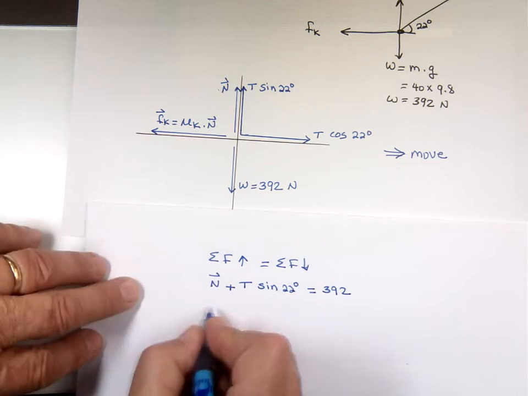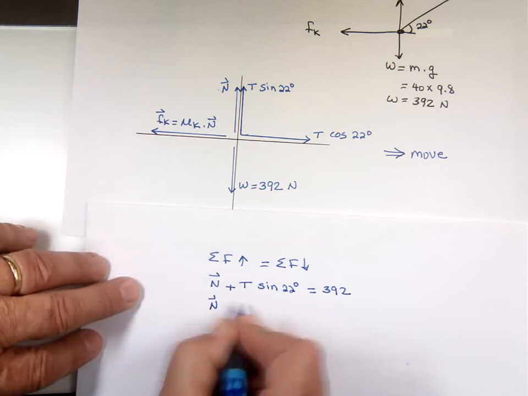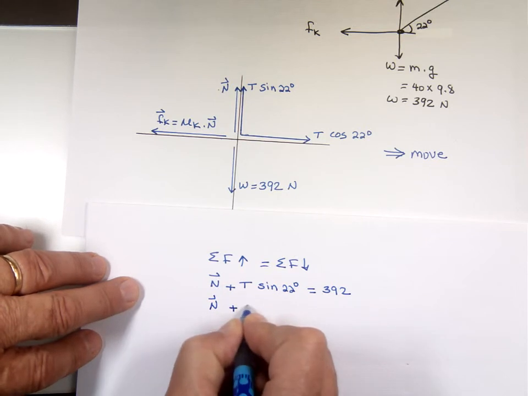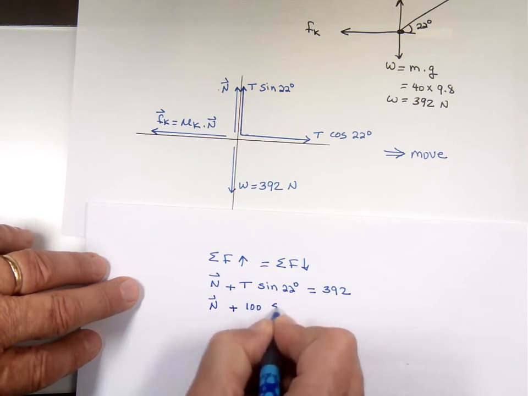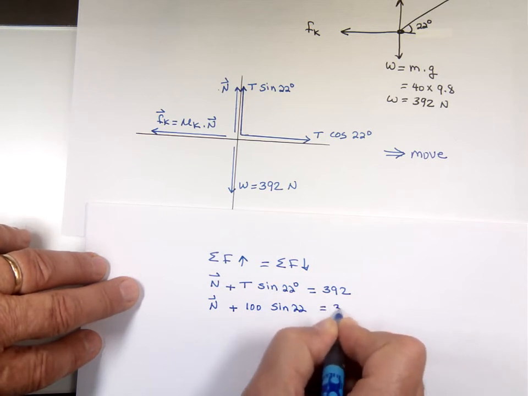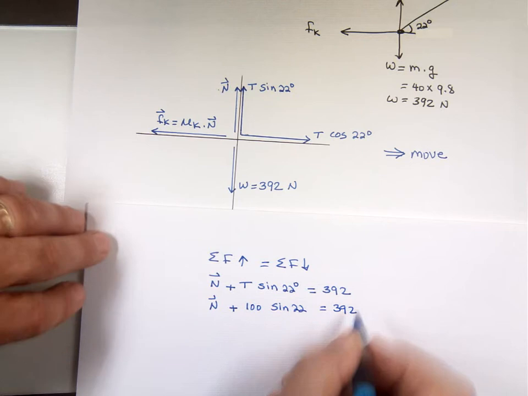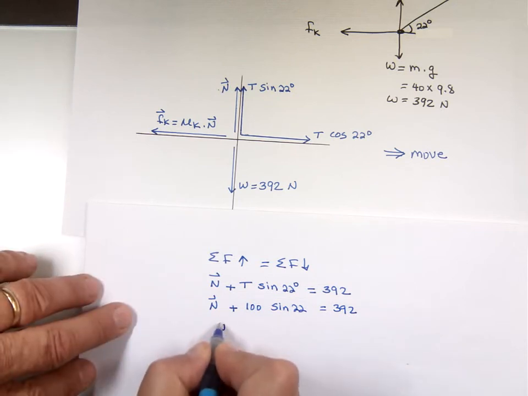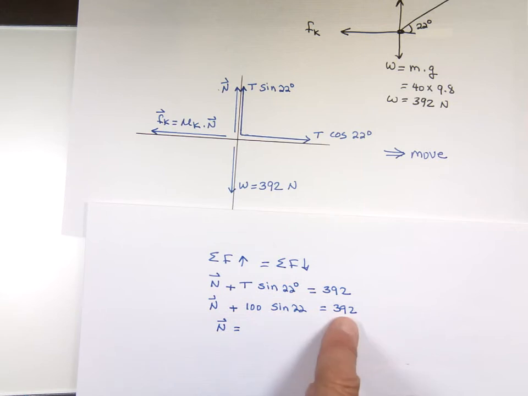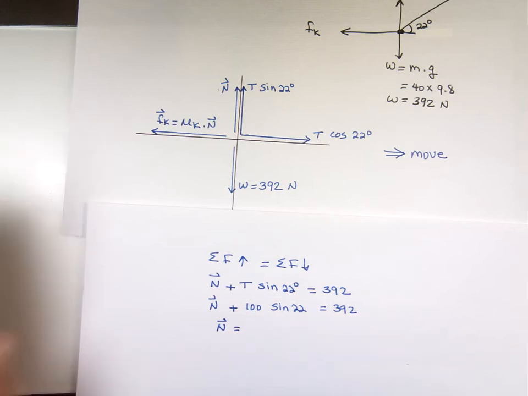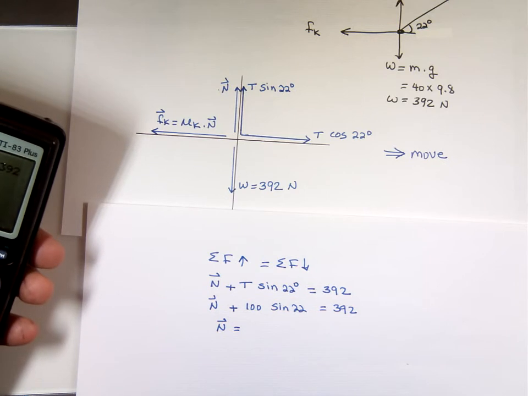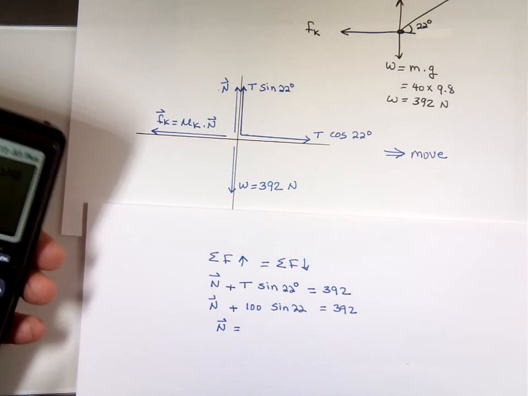The normal force plus 100 sine 22 equals 392. What's the normal force? So notice it's not the weight. It's 392 minus 100 sine 22. 354.